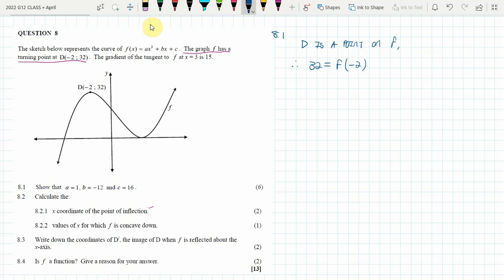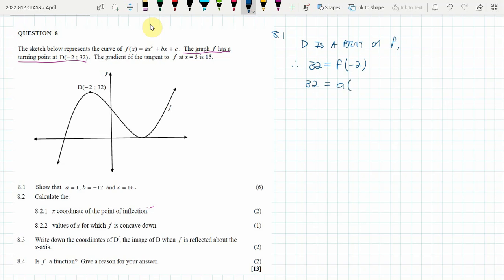Does this step make sense? Yes. Okay, now what we can do is plug in this value of x into the expression of f. Then we will have one equation.